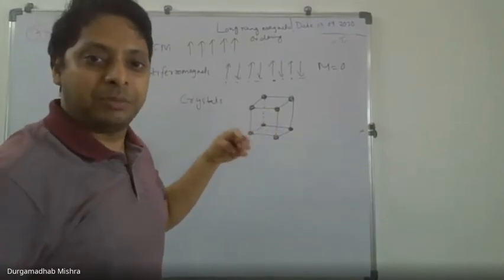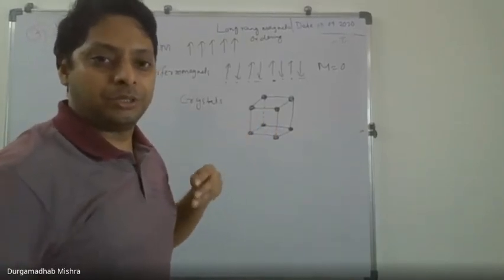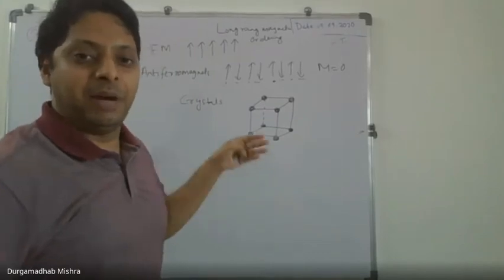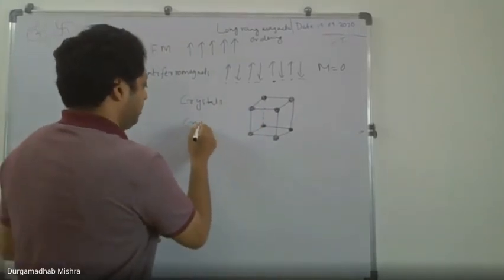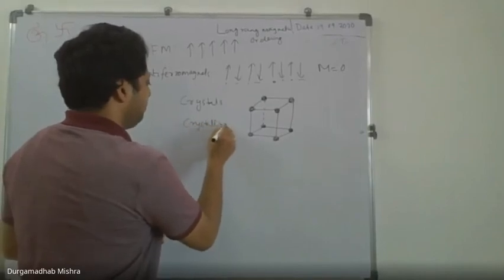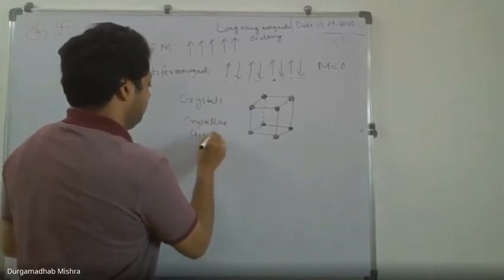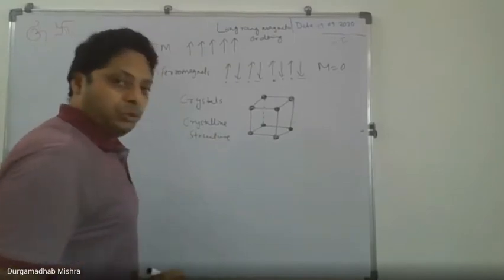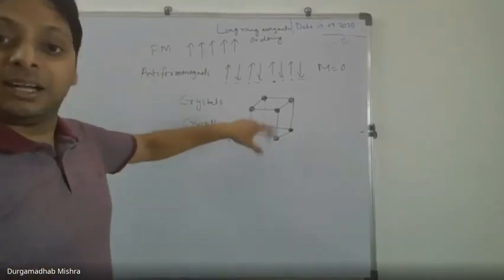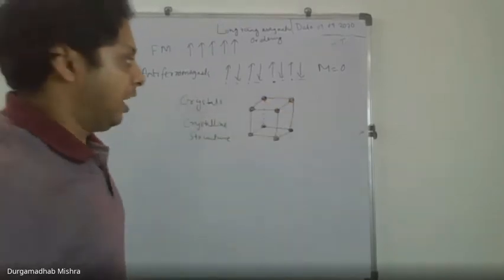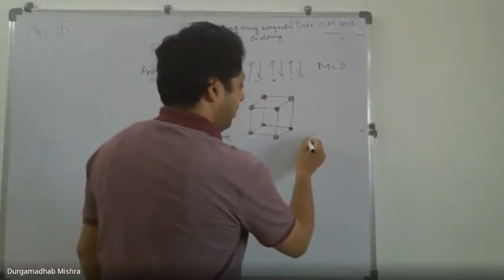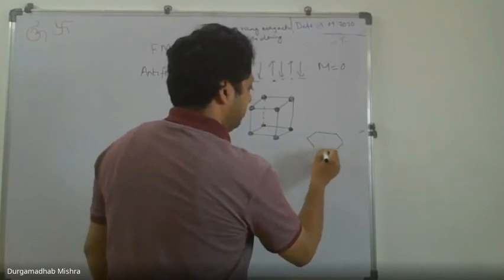So this is how lots of materials are defined by their crystalline structure. We will not go into the details, there can be many different crystal structures. Okay, so one is cubic, another is hexagonal, which I think I discussed.